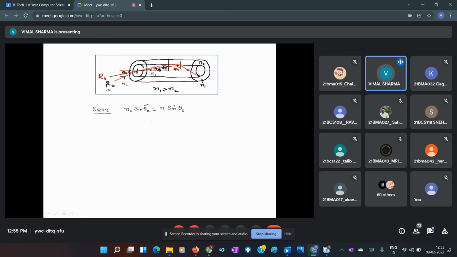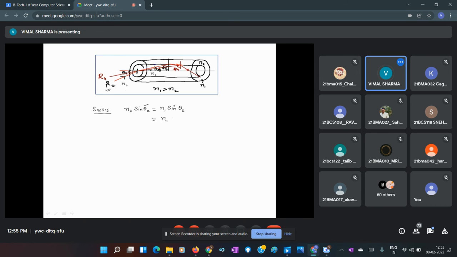Okay, and now if you see this small triangle here, in which we have theta c angle and we have phi c, and this is a 90-degree angle.